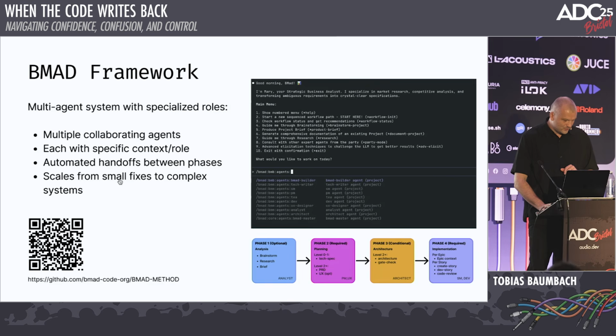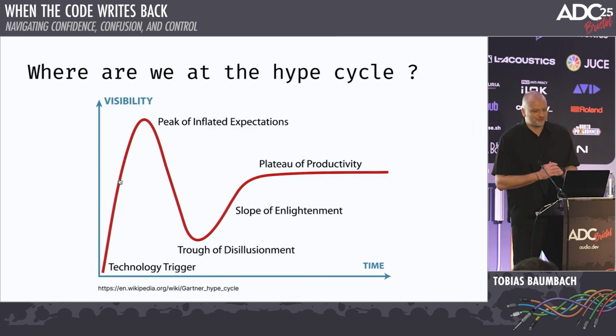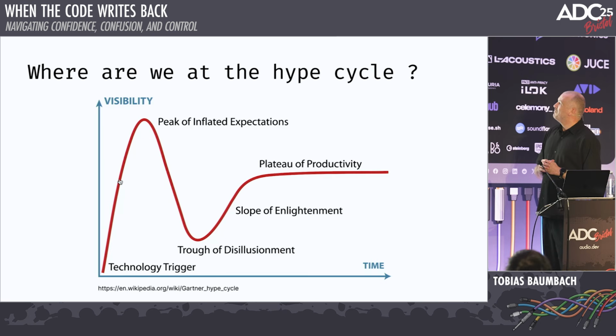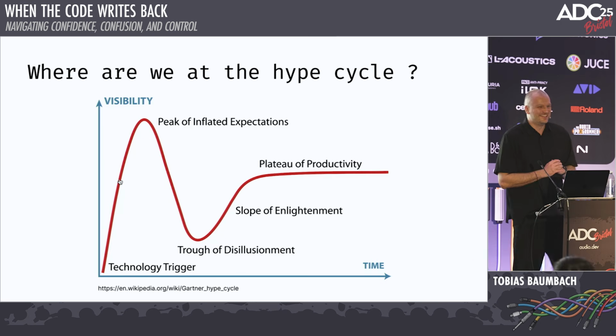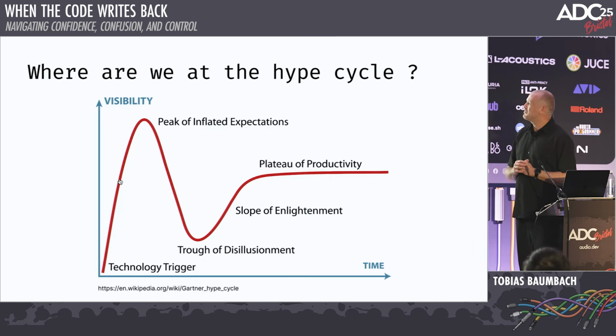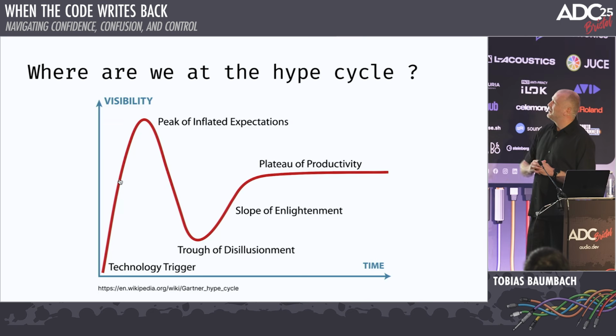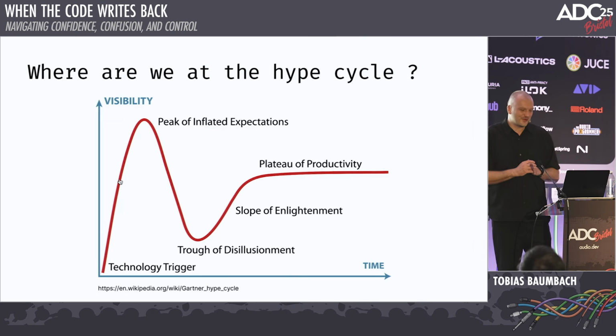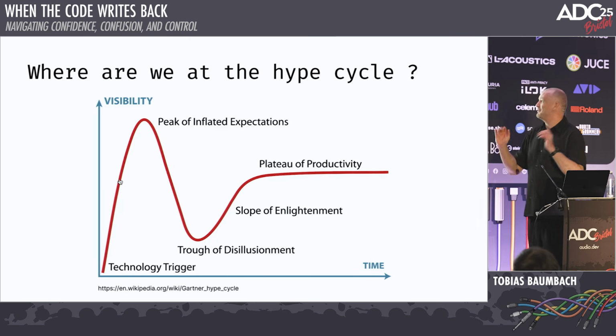So, two more slides to finish the talk. I'm asking myself, where are we on the scale? And to be honest, it's a pretty good representation of my personal journey. When in April I was using RooCode, I was really thinking, okay, that's going to change everything.